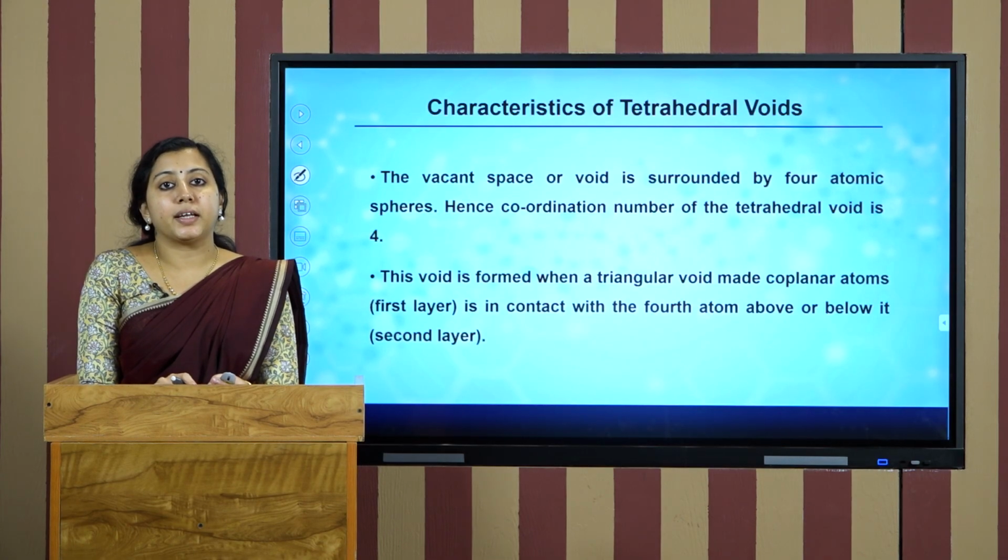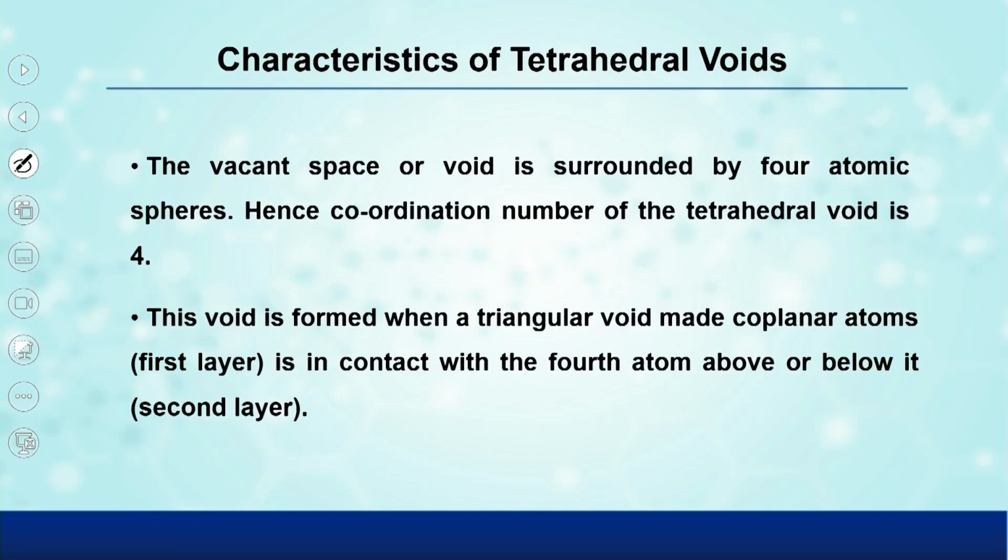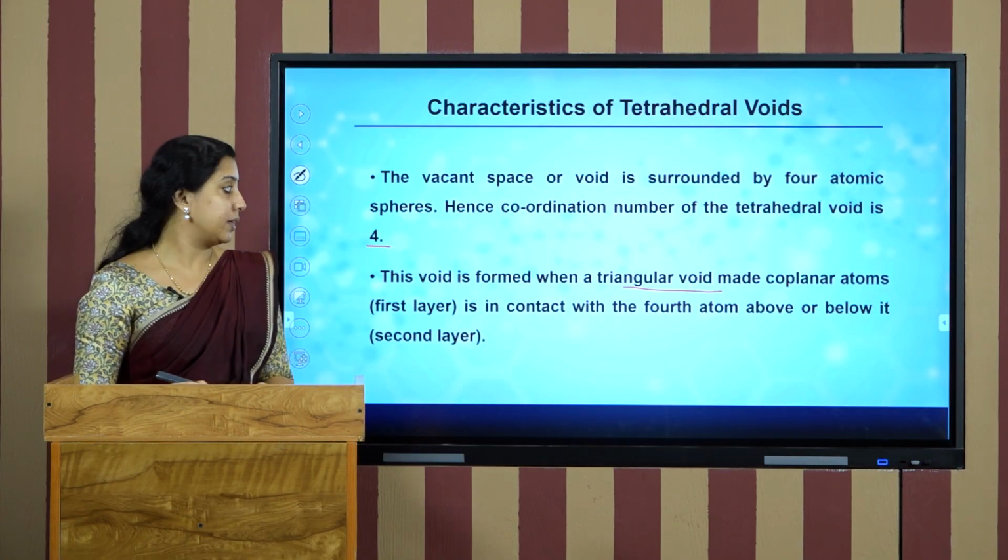Now, let us see the characteristics of tetrahedral voids. As we discussed earlier, the vacant space or void is surrounded by 4 atomic spheres, and hence the coordination number of the tetrahedral void is 4. And how is a tetrahedral void formed? It is formed when a triangular void made of coplanar atoms is in contact with the 4th atom either above or below it, that is, either above the first layer or below the first layer.